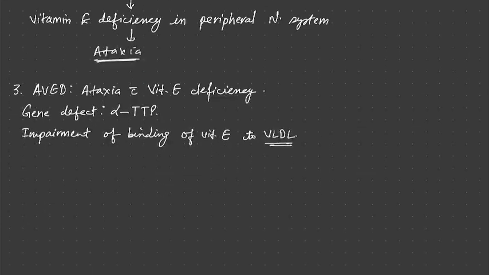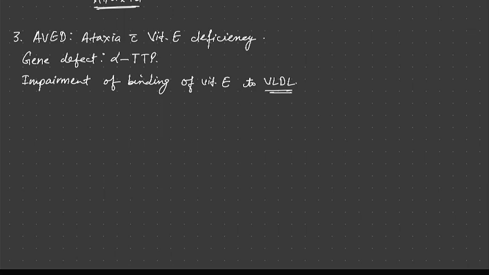Now vitamin E deficiency can also occur if there is an alpha TTP gene defect. Alpha TTP is required for binding of vitamin E to VLDL so that it can be transported outside the cell. But if there is impairment of binding, there will be no transport.